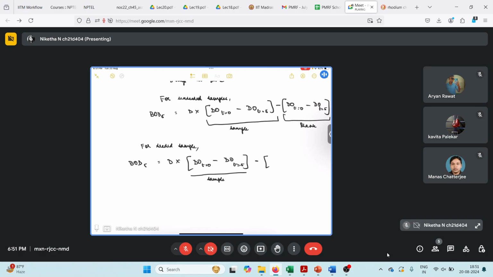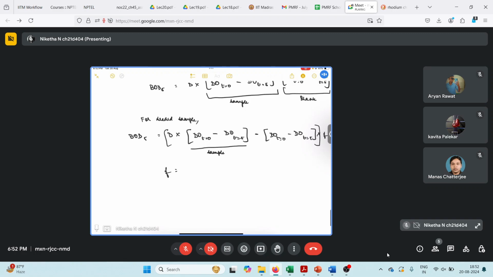We have to subtract the DO change in the blank sample from this. So DO at T equals 0 minus DO at T equals 5 multiplied with some factor F. So this factor F will correspond to the seeding. So F is the seeding factor, which is the volume of seed in the dilution solution.